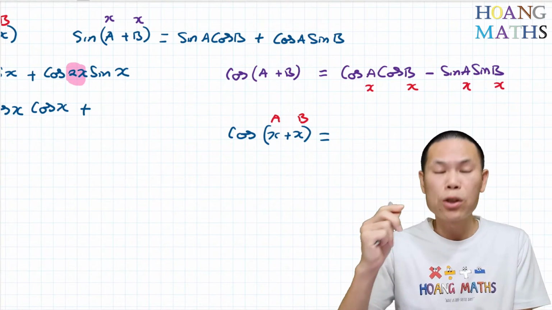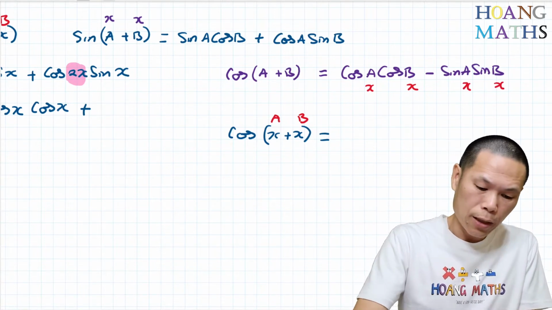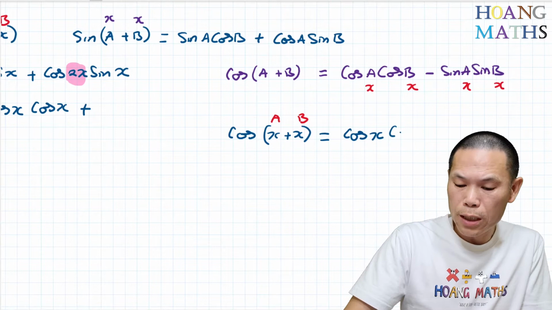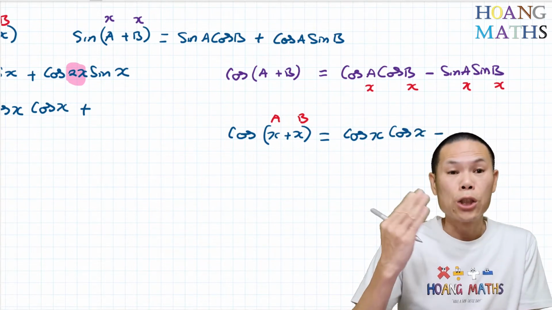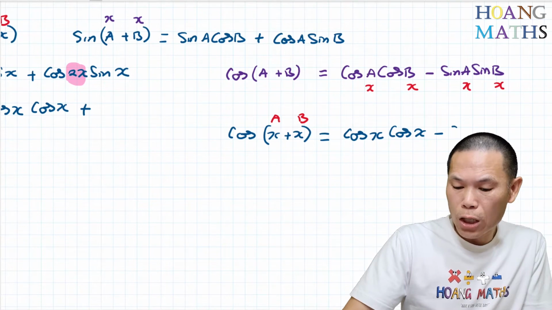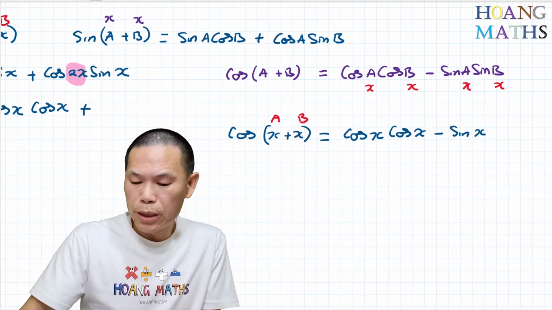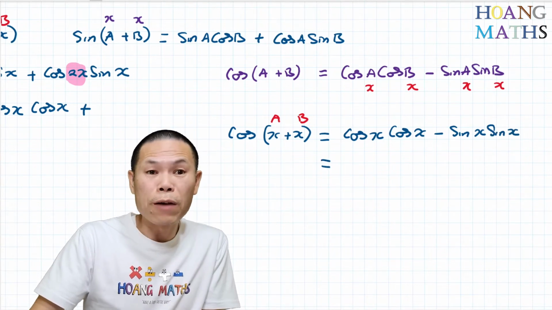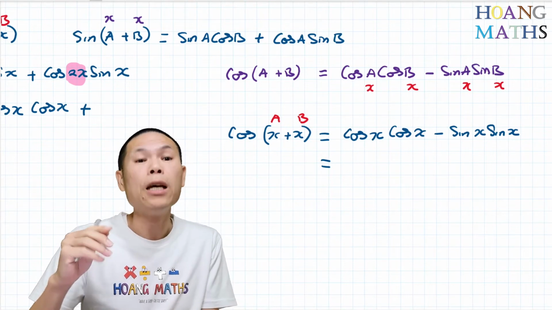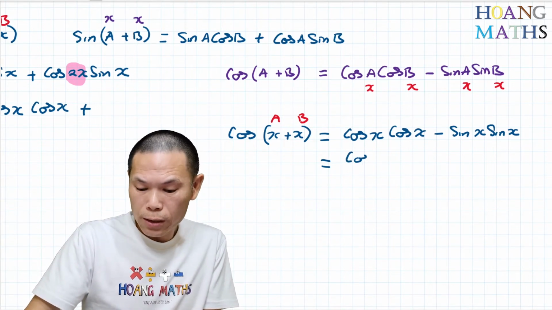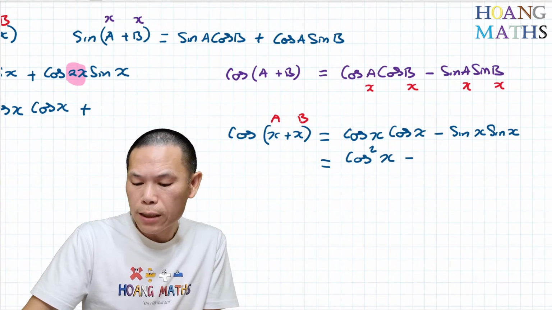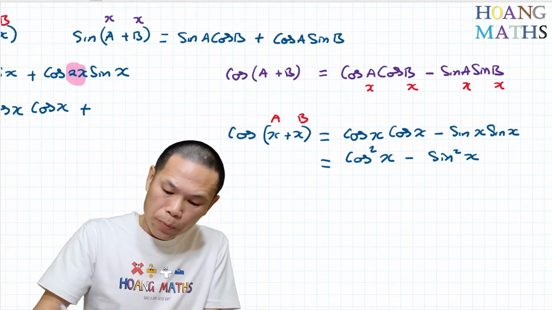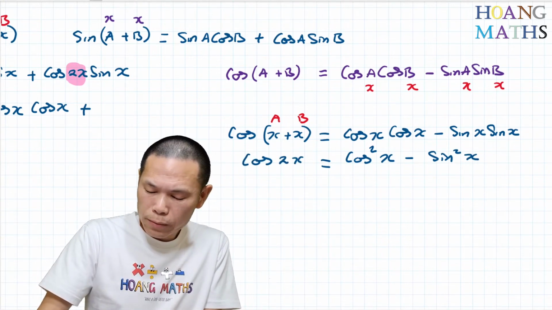Therefore, that becomes cos X times cos X. So that is cos of A, which is X, times cos of B, which is also X, minus sine of A, and A is X, so sine of X, times sine of B. B is also X, so times sine of X. We can simplify a bit further because cos X times cos X is cos square of X. So cos square of X minus sine square of X. So now cos of 2x is equal to this.